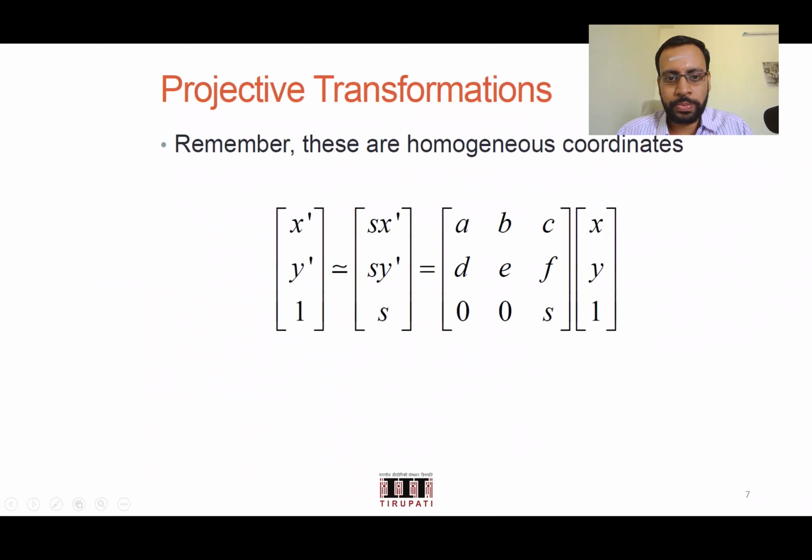As I said, x prime, y prime, 1 is equivalent to multiplying it with s, so instead of 1 you have s. To get the point from a uniform coordinate, you divide the first two elements by the third element of your vector. That is how you move from a 3D vector to a 2D point.